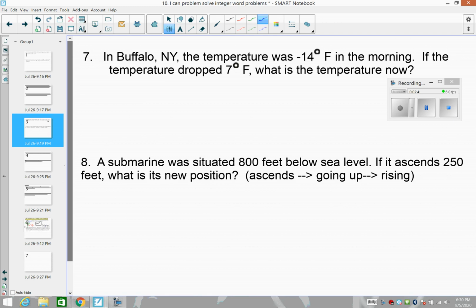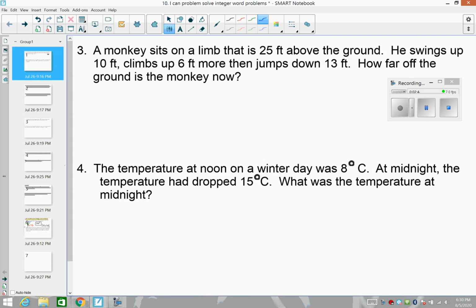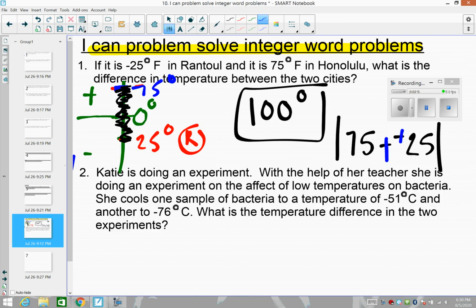Let's go back to this first page. Not sure why it doesn't get me back to that first page. I don't know where the first page went. Oh, here we go.